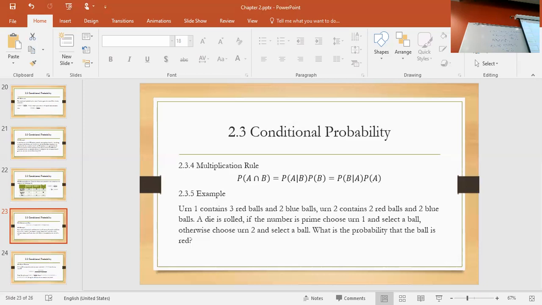Two over 4. So here, this outcome will be the probability that you choose N1 and the ball is red. Here will be you choose N2 and the ball is red.